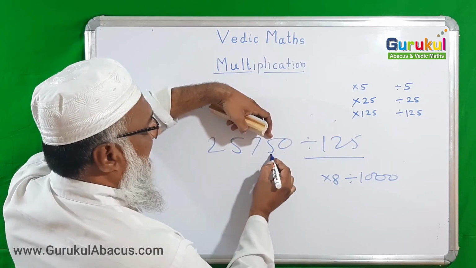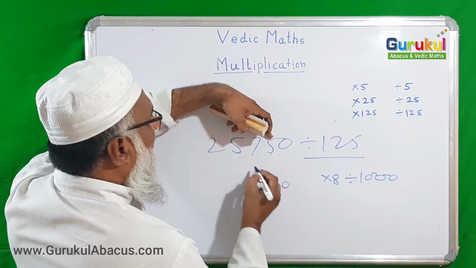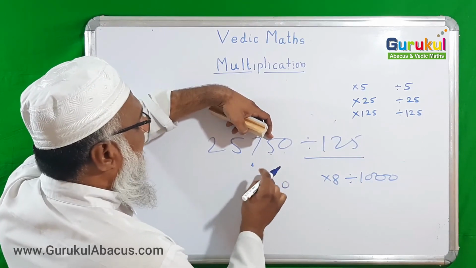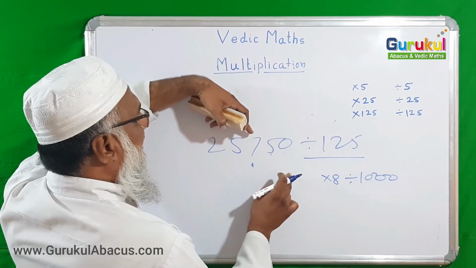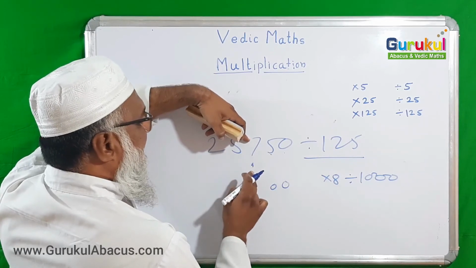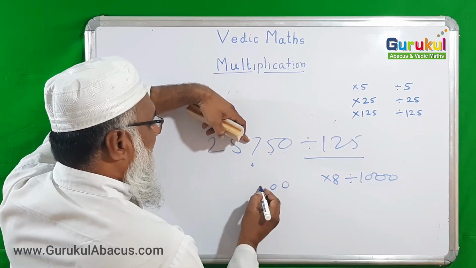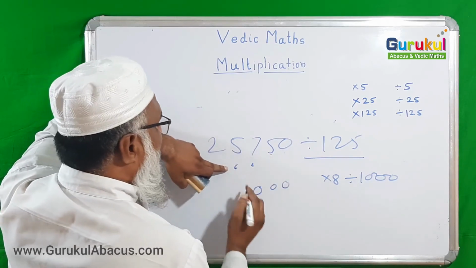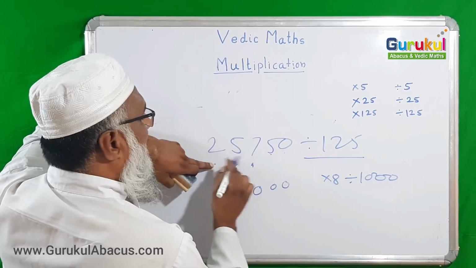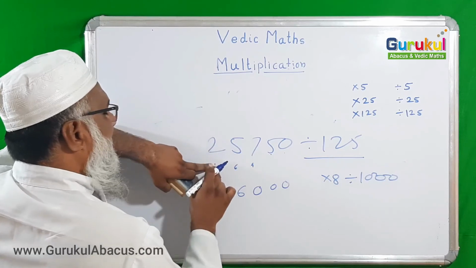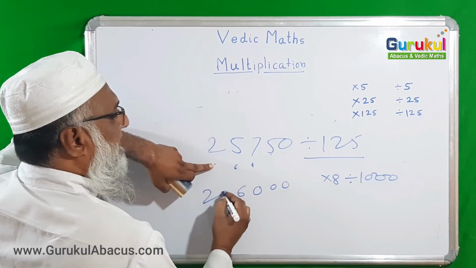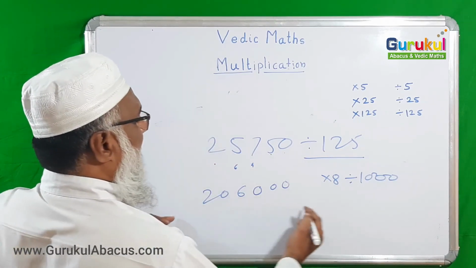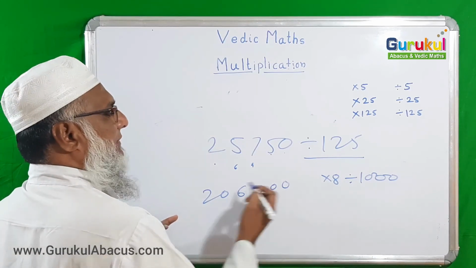Now 8 5s are 40, 0, 4 carry over. Now 8 7s are 56 and 4, 60, 0, 6 carry over. Now 8 5s are 40 and 6, 46, 4 carry over. Now 8 2s are 16 and 4, 20 itself. Now this number we got by multiplying by 8.